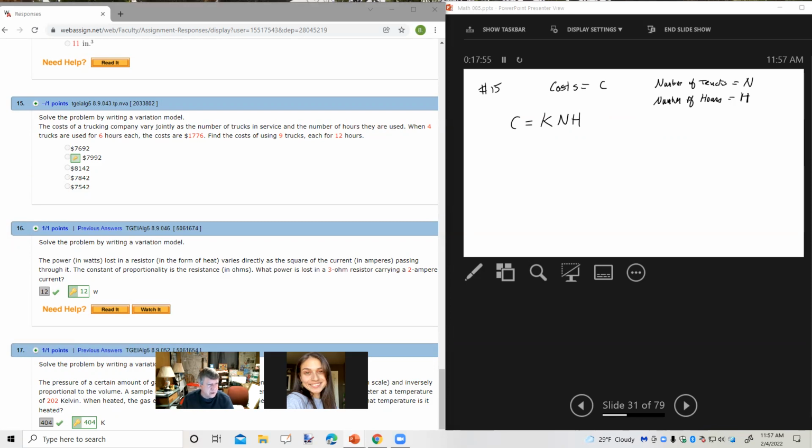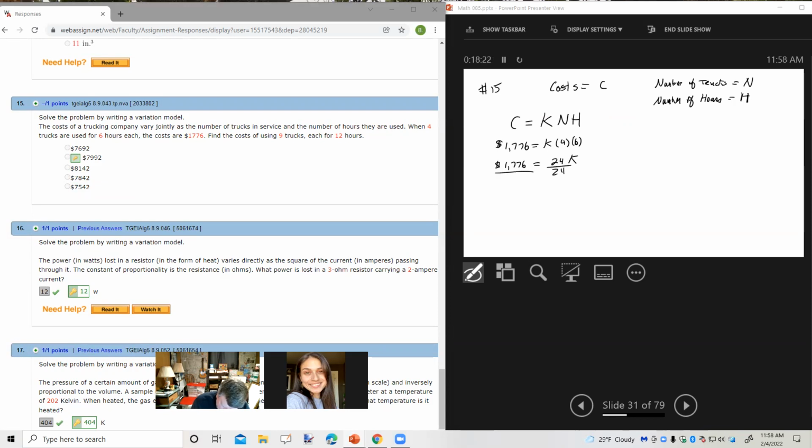When 4 trucks are used for 6 hours each, the costs are $1776. So 1776 equals K times the number of trucks was 4, the number of hours was 6. All right. So that gives us, let's see, 4 times 6 is 24K.